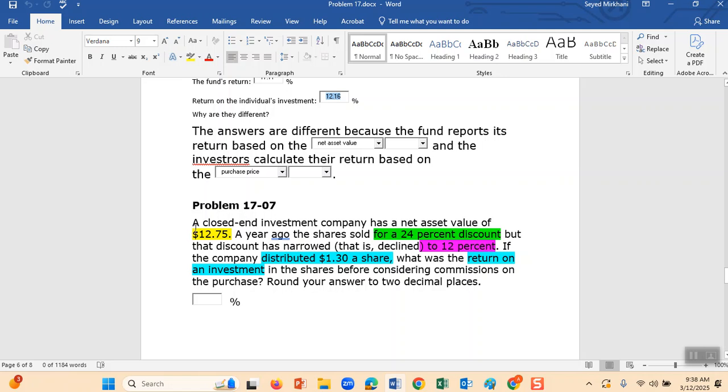This is problem 17.7, a closed-end fund. A closed-end fund, as we said, is a fund for which you usually don't create more shares to sell. When you say closed-end, that means you cannot add more and more shares. If the company has 1,000 shares, it always has 1,000 shares.